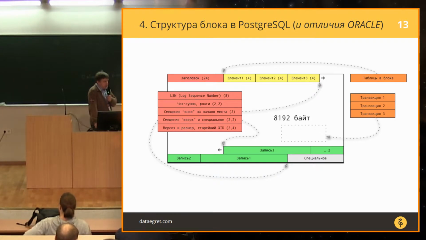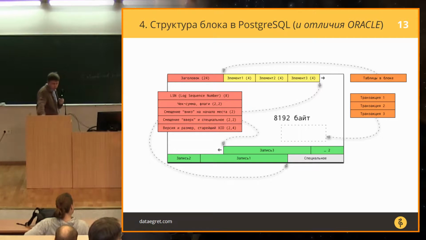And accordingly, this space is reserved from the beginning in advance, and competitive access to this block is limited, so other sessions will have to wait. Also, a big difference is that one block can store data from different tables. In Postgres, it's not possible. And between the headers and the table with indexes, there is a list of tables which are contained in this block.